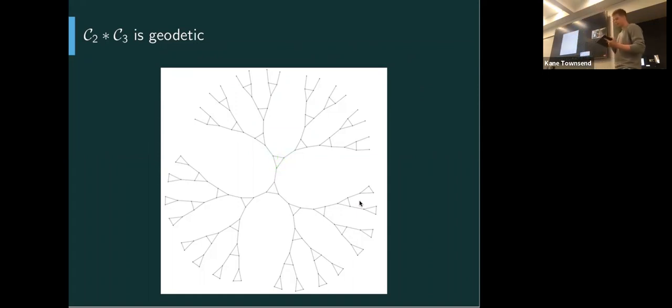If I highlight these two vertices here, then it's pretty clear that there's going to be a unique geodesic between those two vertices.